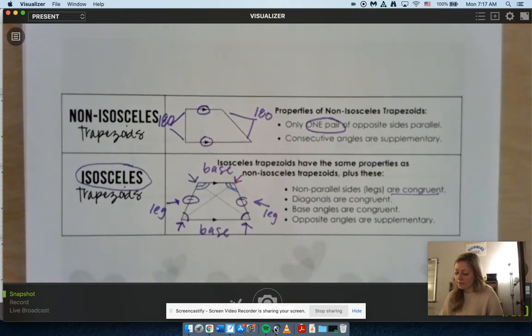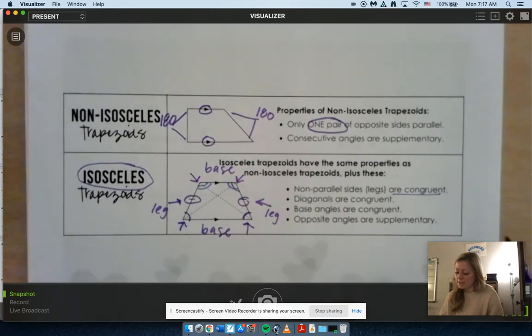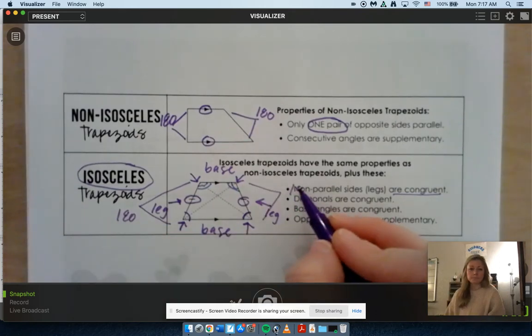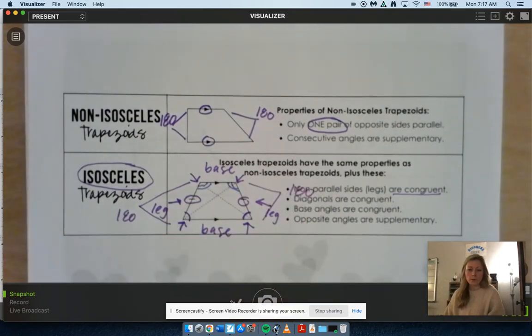Opposite angles are supplementary. That's a fun fact. Well, that's because these guys still add to 180 as well, those consecutive angles. Okay, a lot of info. Again, it'll become more concrete once we try with some examples, okay?